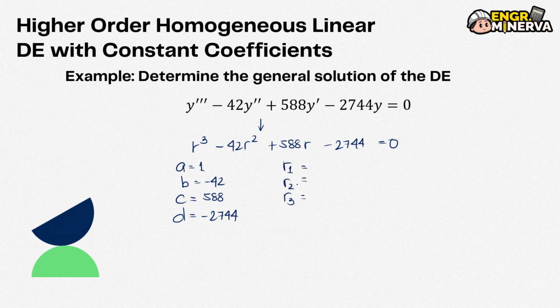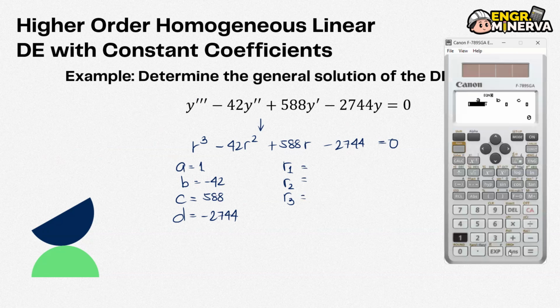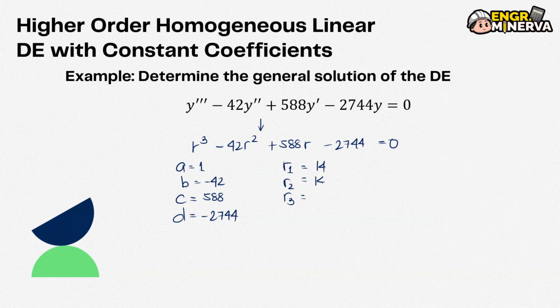Using our calculator, 1, -42, 588, -2744. So that is 14. It only shows 1 root. If it only shows 1 root, it means all the 3 roots are equal. So our answer is, this is a little bit of case 2, real and equal. C1 e raised to 14x plus C2.